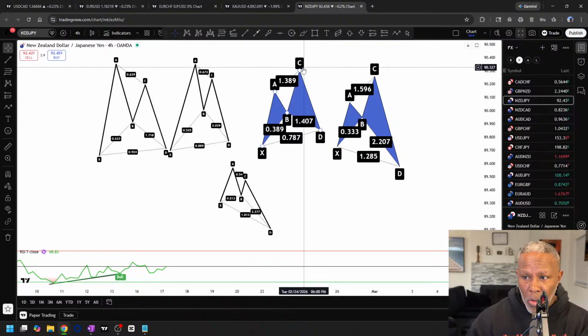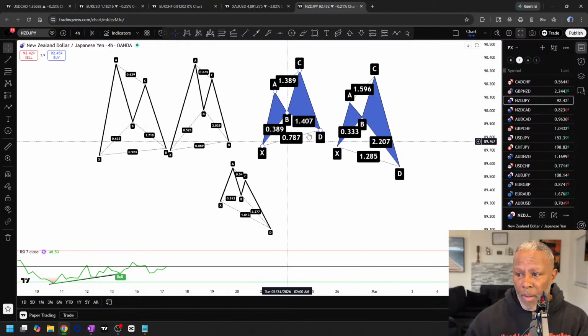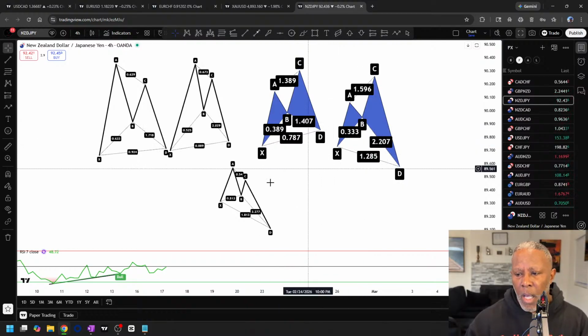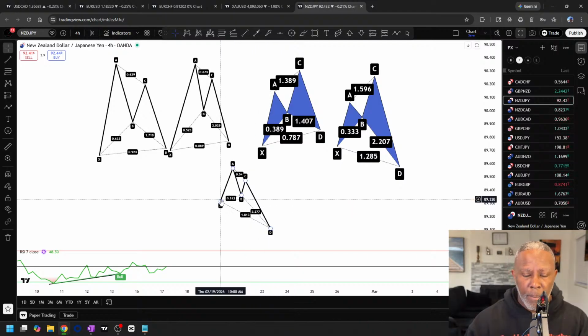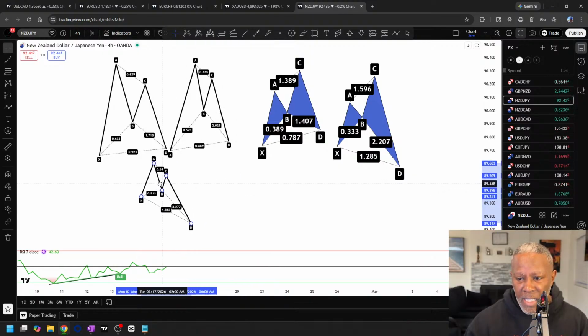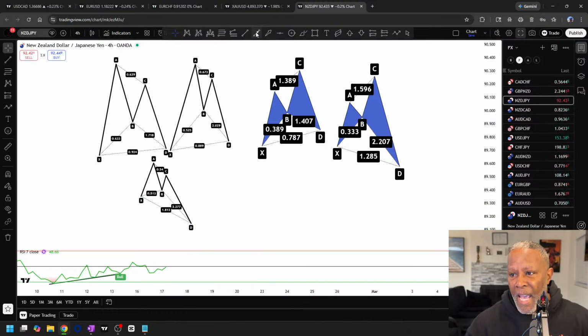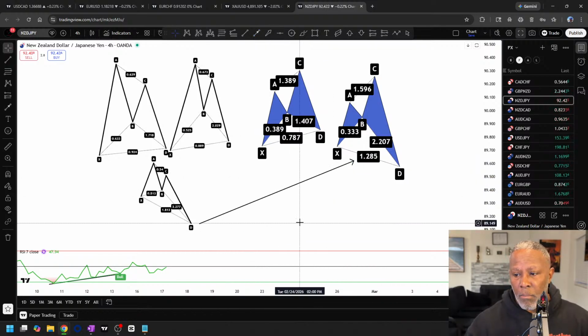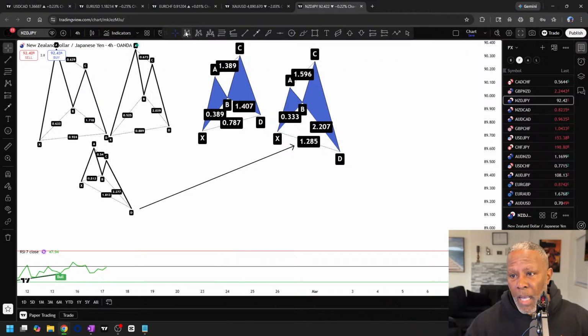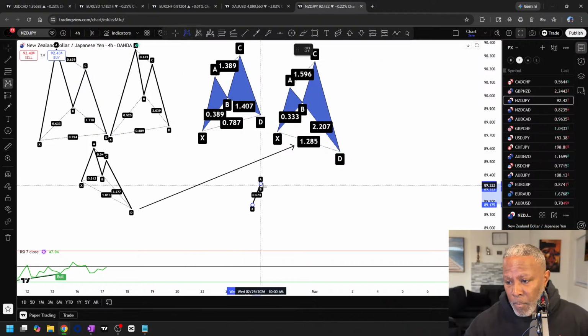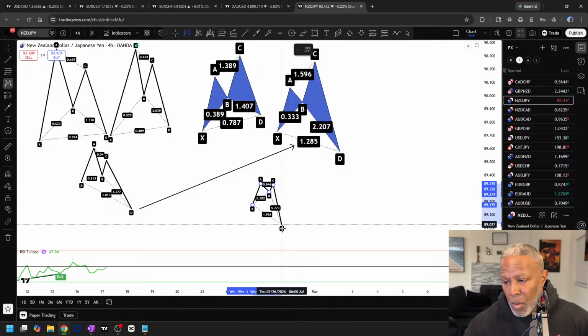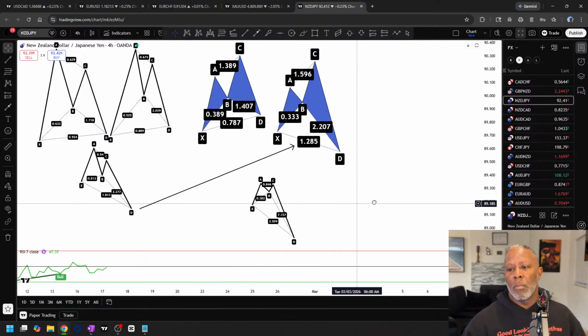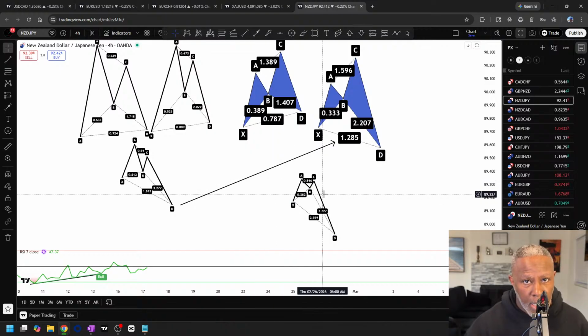Even though his C on Cipher must be higher than A, his D must be beyond X. Shark, his D must be beyond X. Butterfly, D must be beyond X, but his C needs to be lower than A. So he's closer to this side, but he has a little bit of Shark in him, and he has a little bit of Crab in him. All right, so these are your major 6.